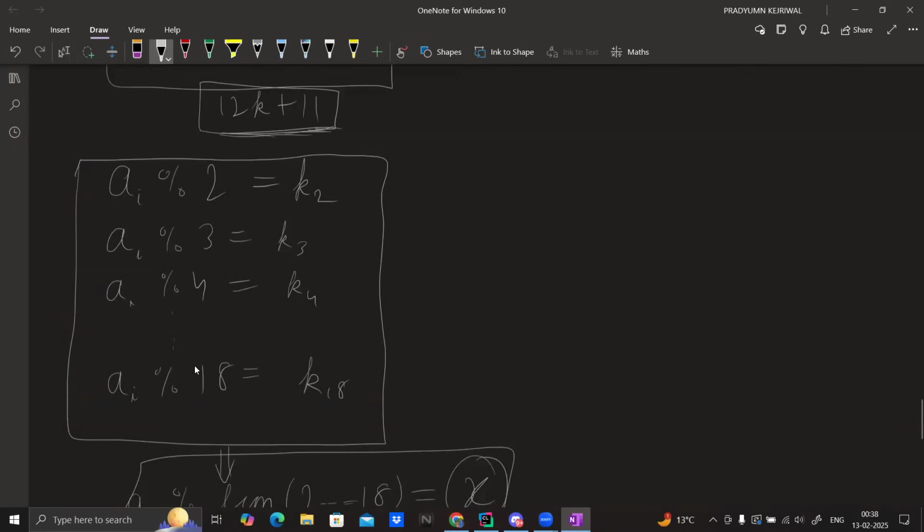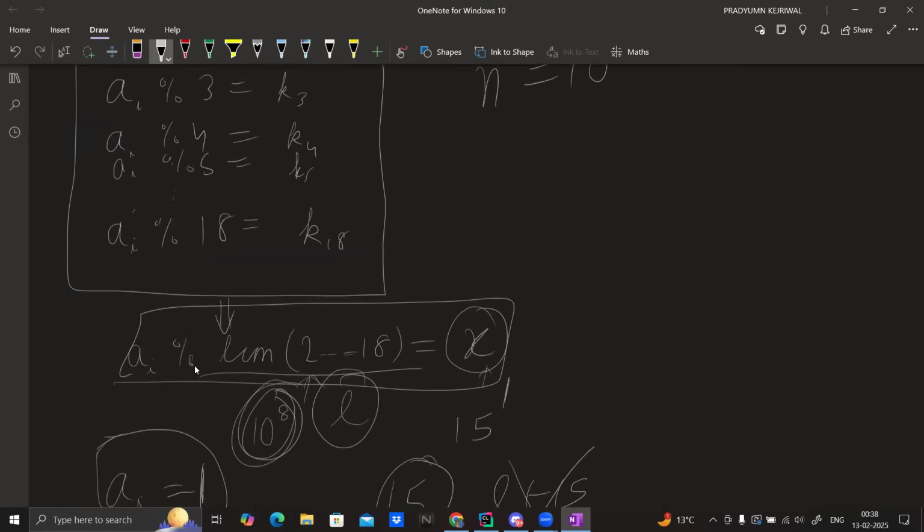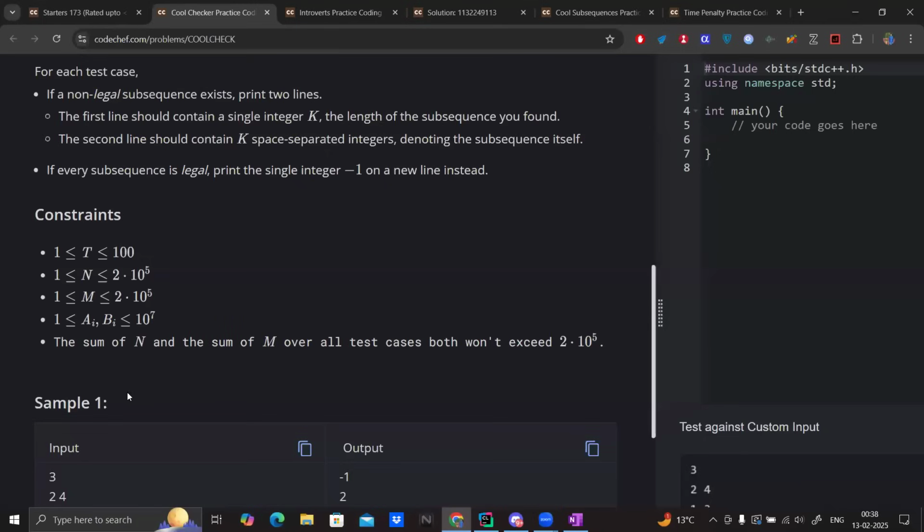If n is, let's say, just 10, then the equations will only last up till A_i mod 10. So in that case, it would be LCM from 2 to 10, which is not very large. LCM of 2 to 10 is not greater than 10 to the power 7.